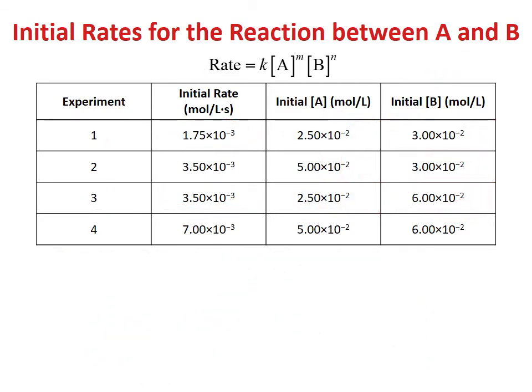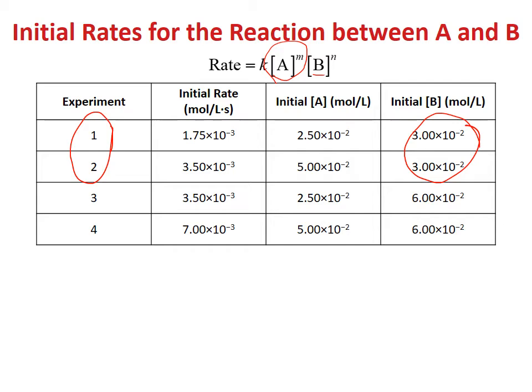In summary, in this sample problem, we first look at experiment 1 and 2, which have the same concentration of B, and therefore the reaction rate change only depends on A, because the B concentrations are the same.